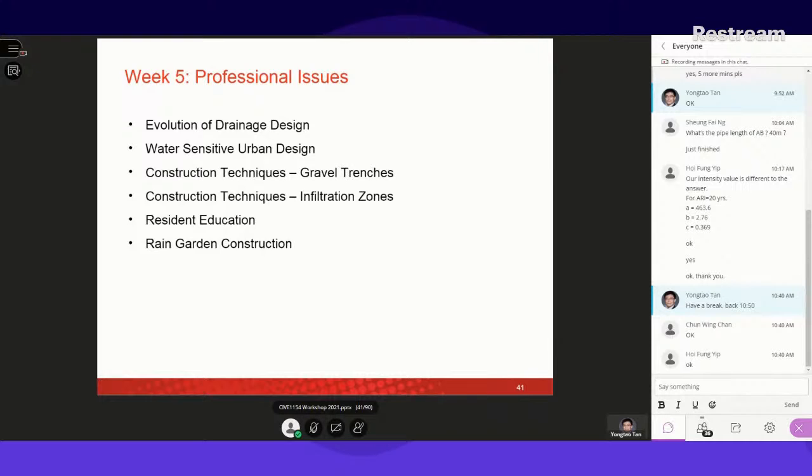There will also be some real cases of rain gardens introduced in the lecture. Another one is resident education. Normally the government department may send out three letters to the local residents.